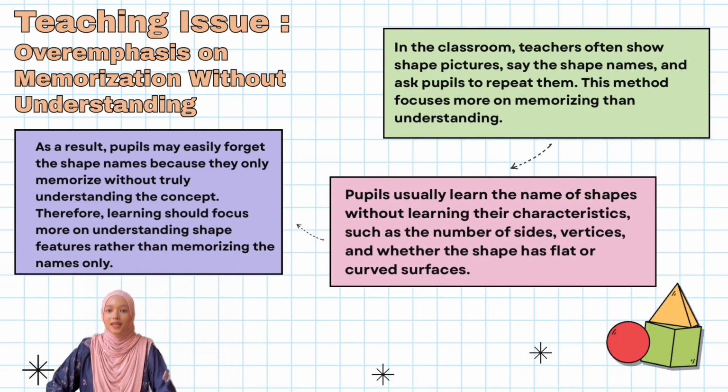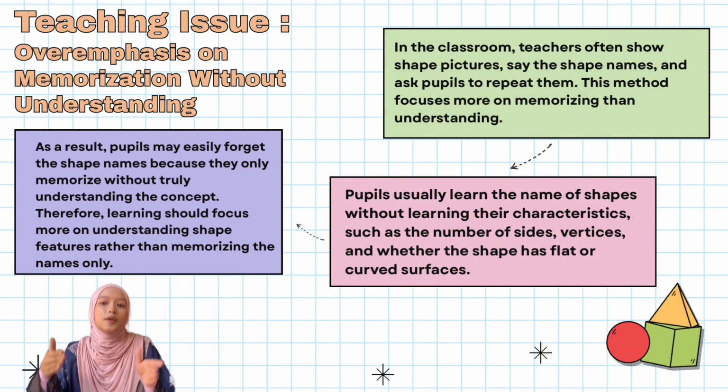In the classroom, teachers often show pictures of shapes, say the shape names, and ask pupils to repeat them. These methods focus more on memorizing rather than understanding. Pupils usually learn the name of the shape without learning their characteristics such as the number of faces, vertices, and whether the shape has a flat or curved surface.